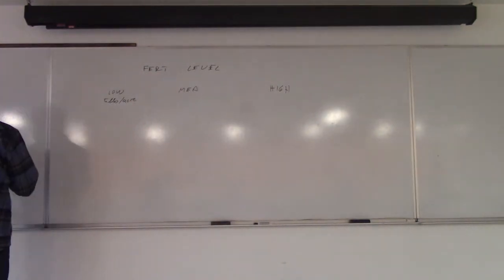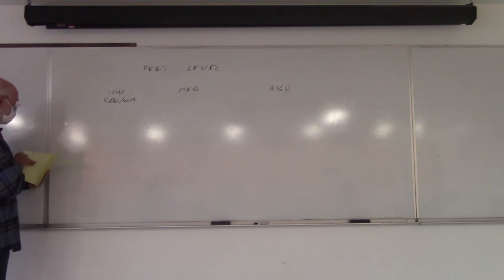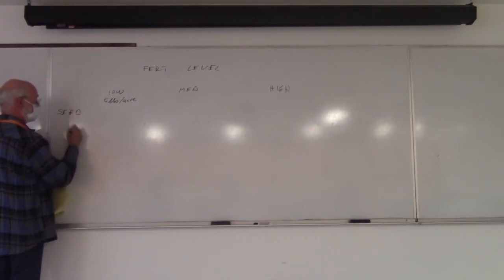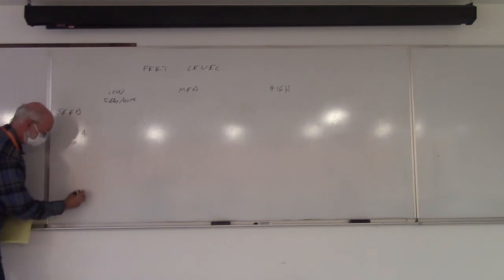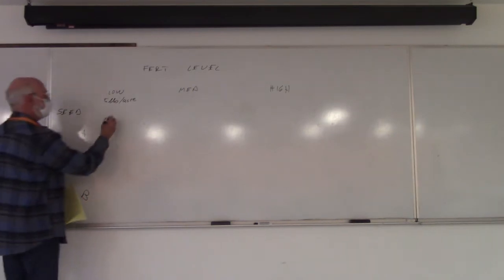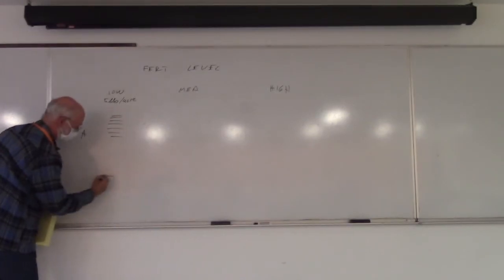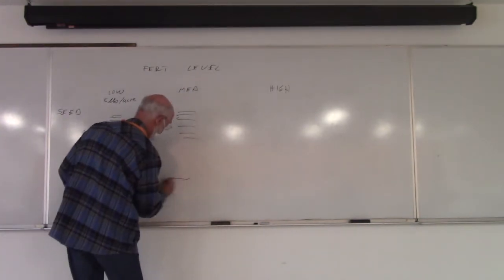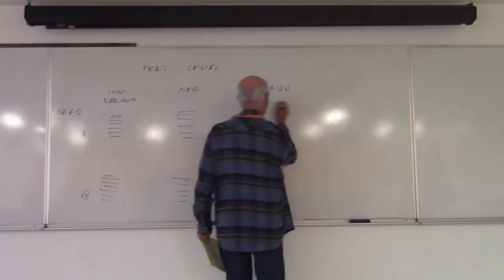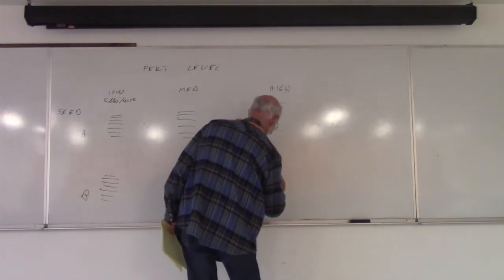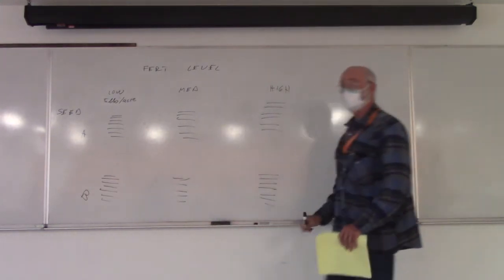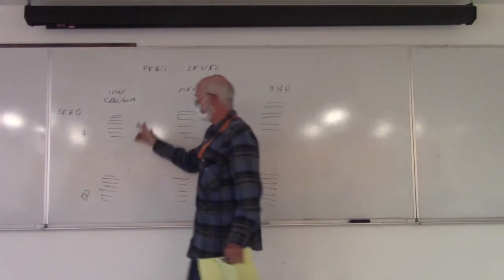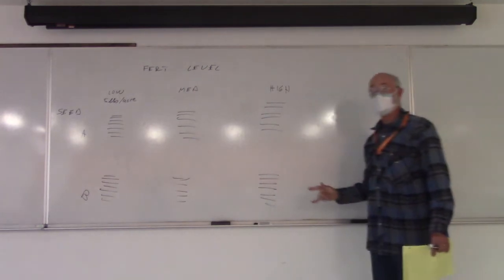The next variable that I have is seed type. In this example, I might have 2 seed types, seed type A and seed type B. So now I have lots of observations in each cell. Importantly, I have a balanced design. In other words, I have the same number of observations in every cell.